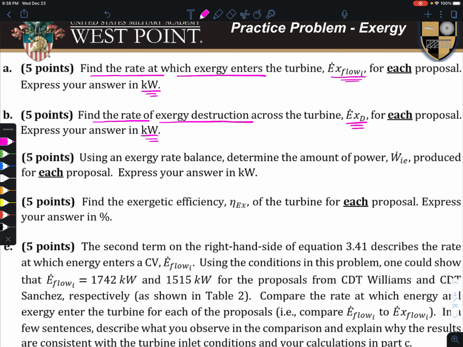Part C would be, using an exergy rate balance, determine the amount of power, W dot, in this case expressed in kilowatts.